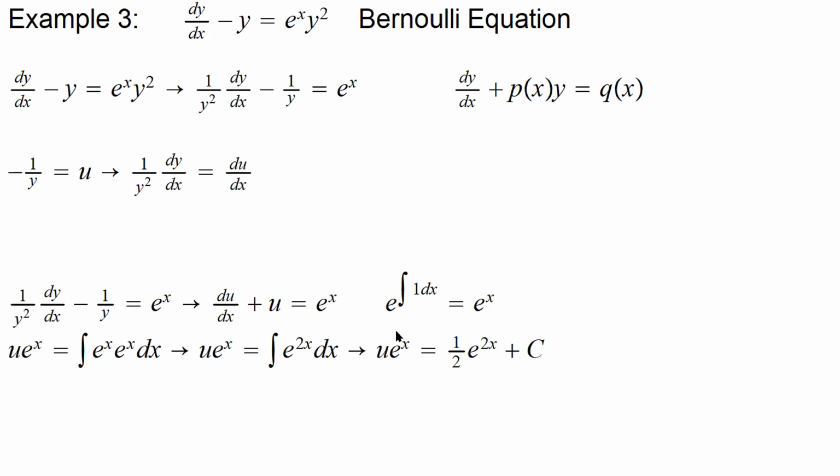Or in other words, you may write that this is -1 over y back, all right? And you may solve for y if you would like, or we may just leave it like this, depending upon the situation we are in.